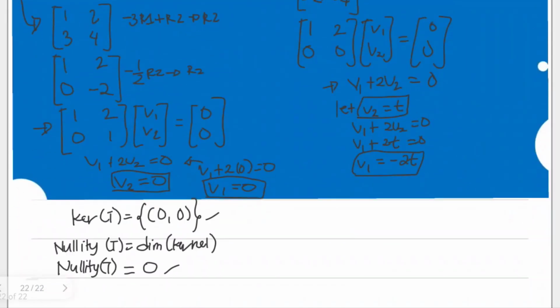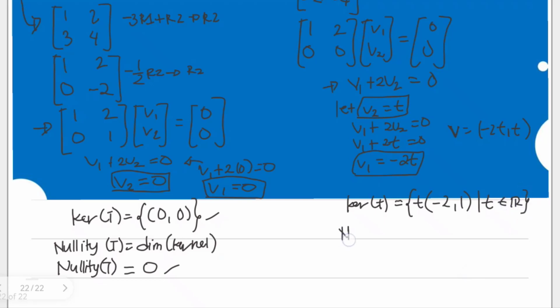In short, our kernel of T is equal to the set containing negative 2t and t, or you could do it like this. Let's start with this first. Your vector v here is negative 2t and t. Now once you take out t, you will have negative 2 and 1, such that t is an element of R. That's your kernel of T.